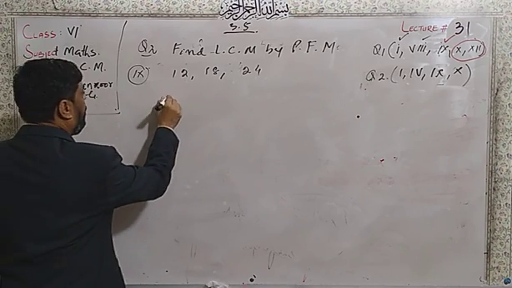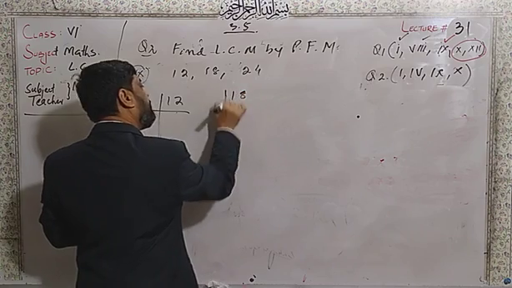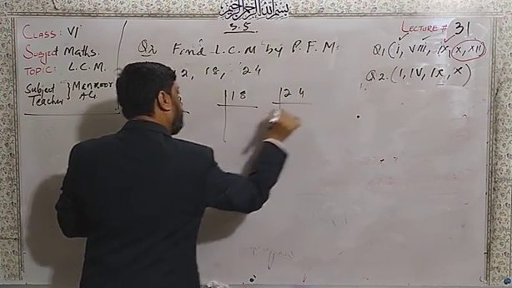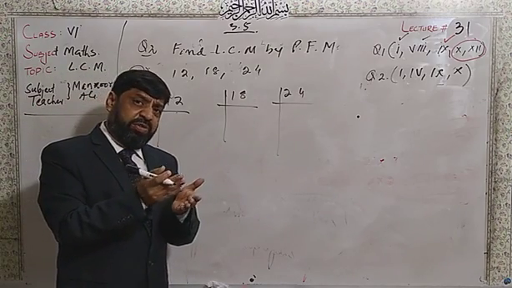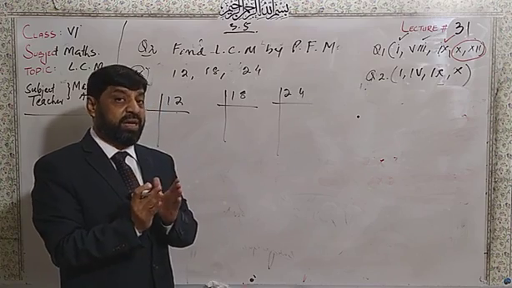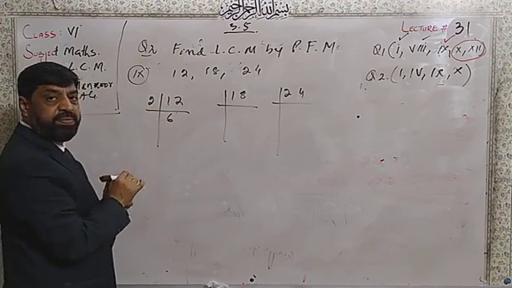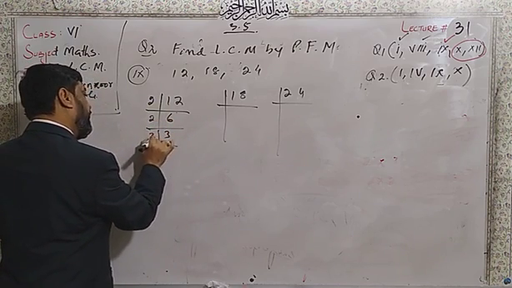I write here 12, then 18, then 24. Dear students, I will start the factorization from the very smallest prime number, that is 2, here 6 times, then 2, here 3 times, then 3, here 1 time.